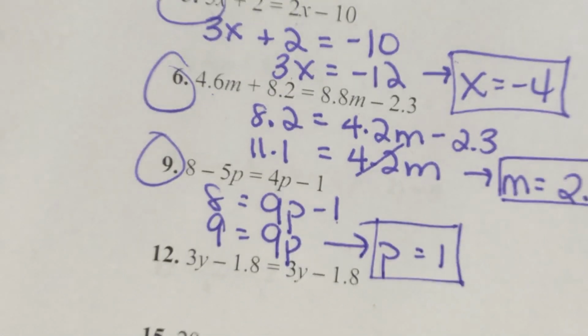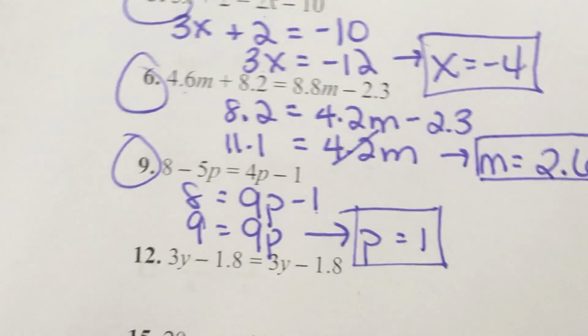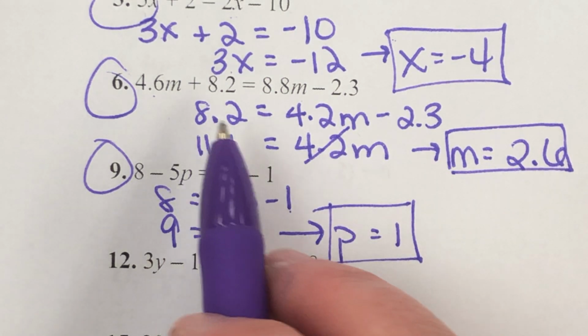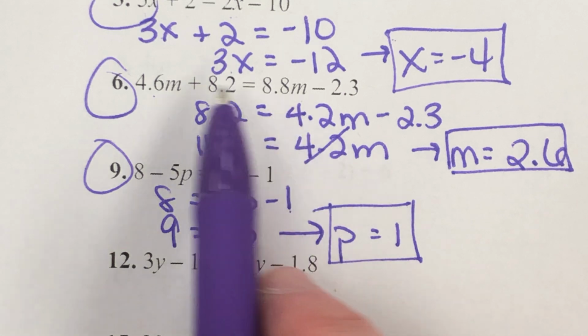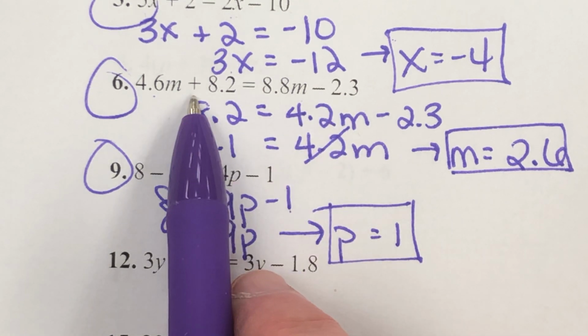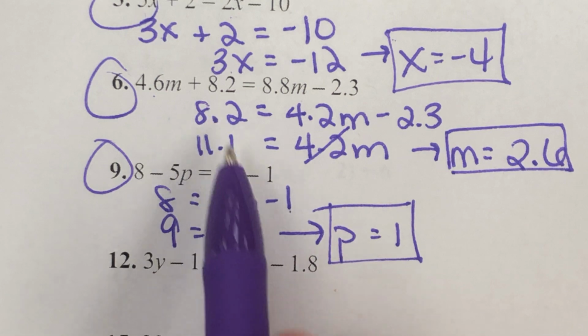I'm going to go back and double check number 6. It's a weird answer to get on a worksheet. If I made a mistake, which I'm kind of feeling like I probably did for this answer up here because it was really weird, hopefully you already know what mistake I made. I'm looking at it. 8.8 minus 4.6 is 4.2. Add 2.3. Oh, 0.5. 10.5.